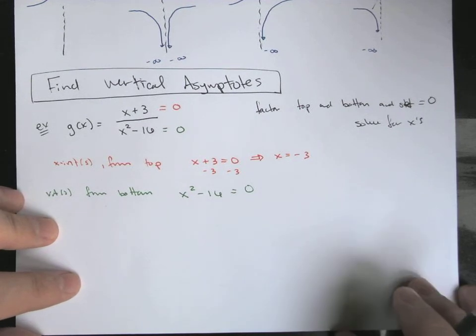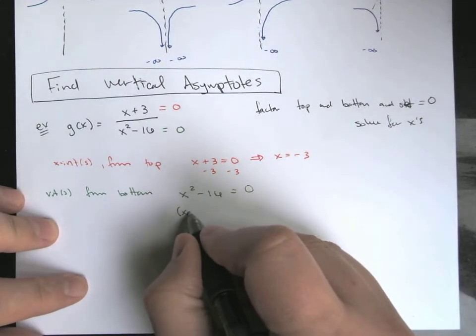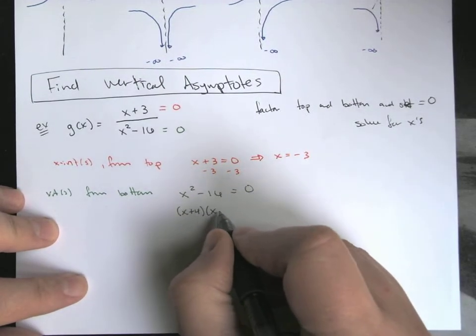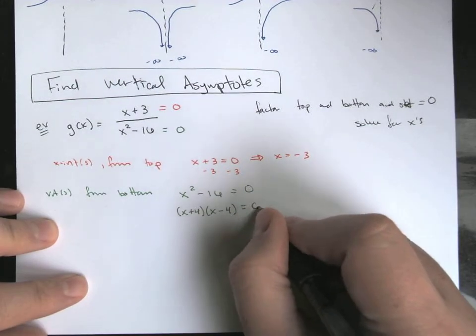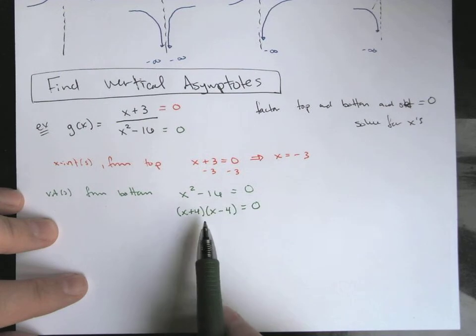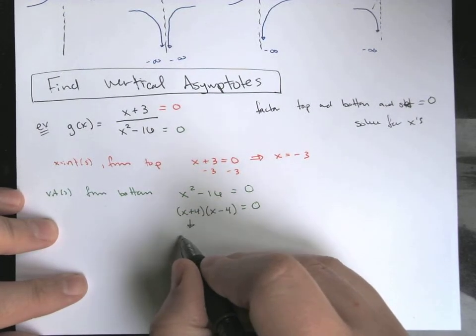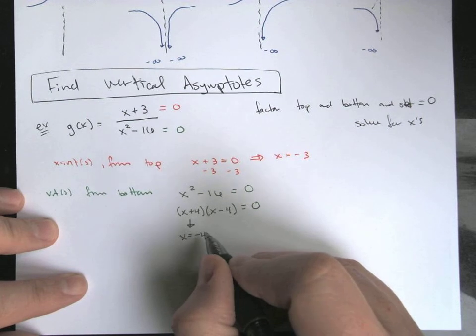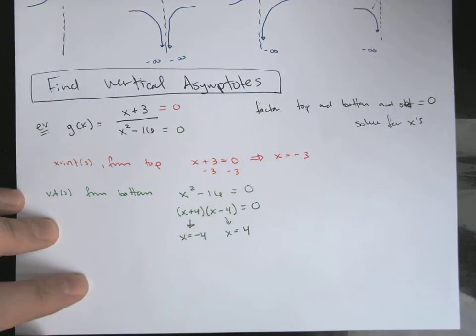Obviously you can do this with longer, more complicated factoring, but I'm going to try to keep the factoring short, so we can focus more on the concepts and less on having to deal with a bunch of ABC type stuff. So that's going to be our difference of squares. So that's going to be an x plus 4 and an x minus 4. And so we can see pretty quickly, right, that's going to give us two different values, x equals negative 4 and x equals positive 4.